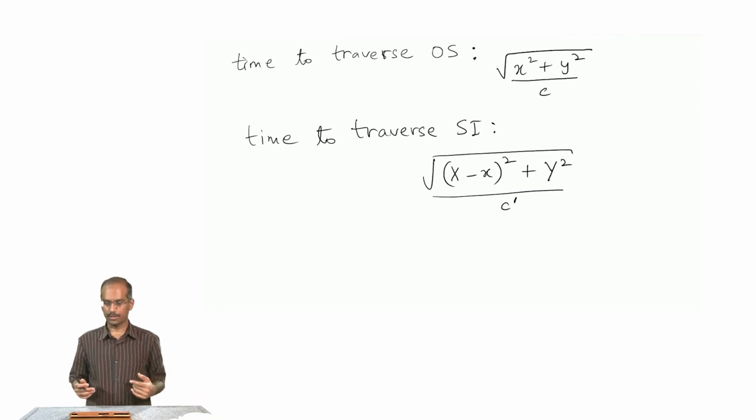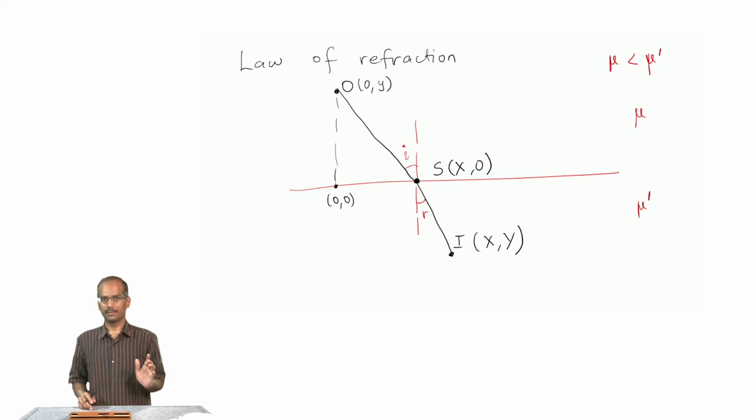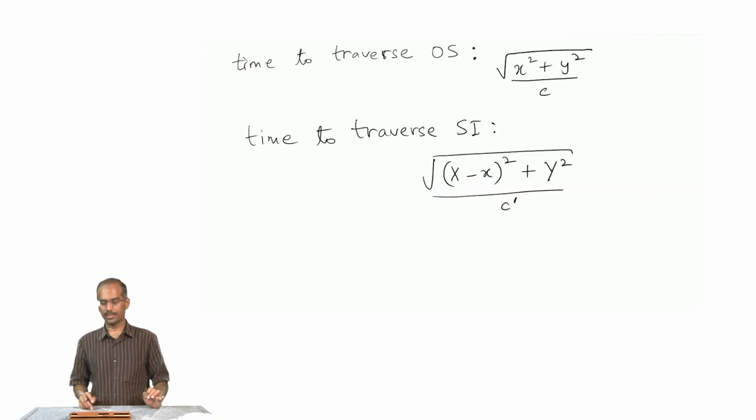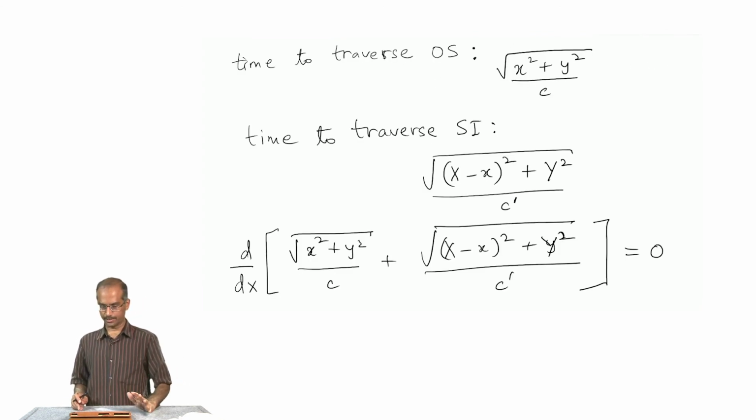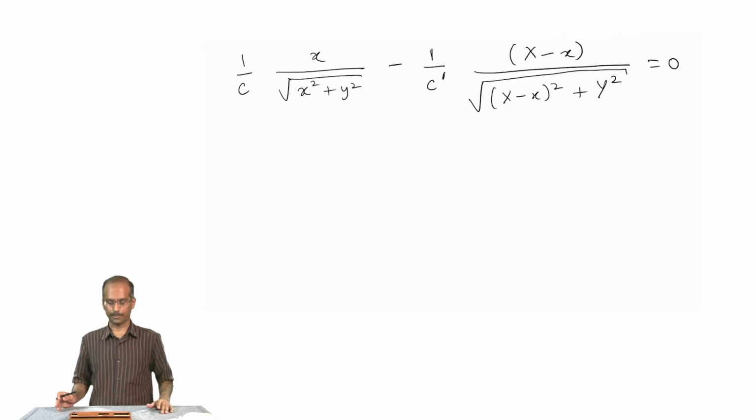So, c is the speed of light in the first medium, which is characterized by refractive index mu, and c prime is the speed of light in the second medium, which is characterized by refractive index mu prime. So, now I need to take the sum of these two times and differentiate them with respect to x. Upon differentiating this expression with respect to x, this is what I am going to get.